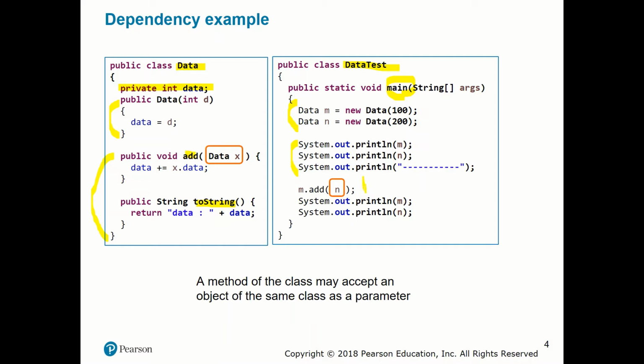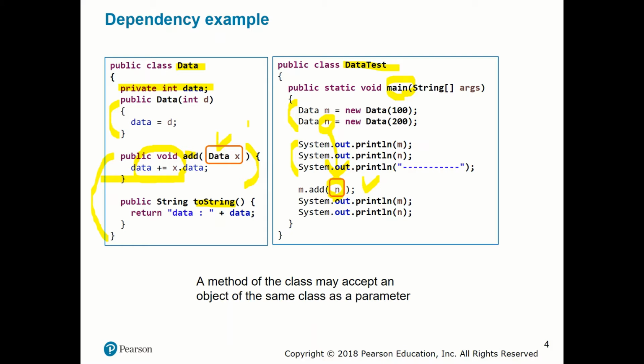And see here, in the parentheses, the parameter is an object, right? N is an object, so the object will be passed to the method. Then this method m.add, this add method will be executed. So we can think that this method depends on this object, right?